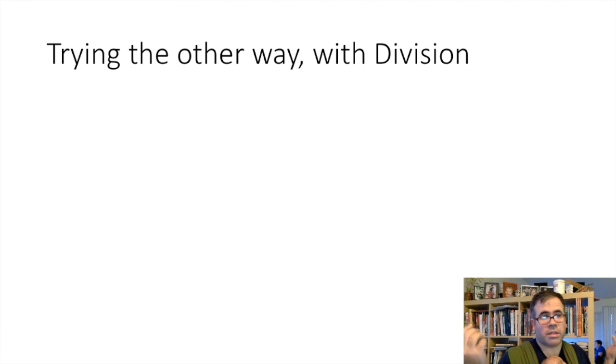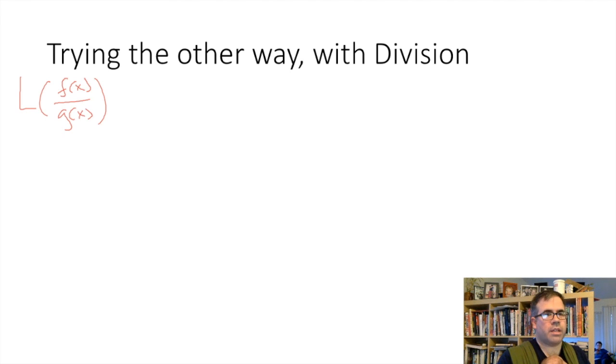Well, if that's the case, what about division? Let's try it the other way. Just so we had the idea of starting with addition got us to multiplication. So let's try it with division. So we'll start with L of f of x divided by g of x, and see where that gets us, right?